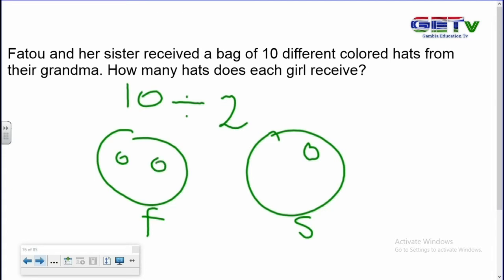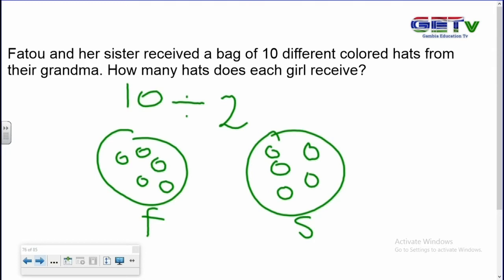Fatu will have 2, the sister also 2. 3, 3, 4, 4, 5, 5. These are the number of hearts their grandma gave them.